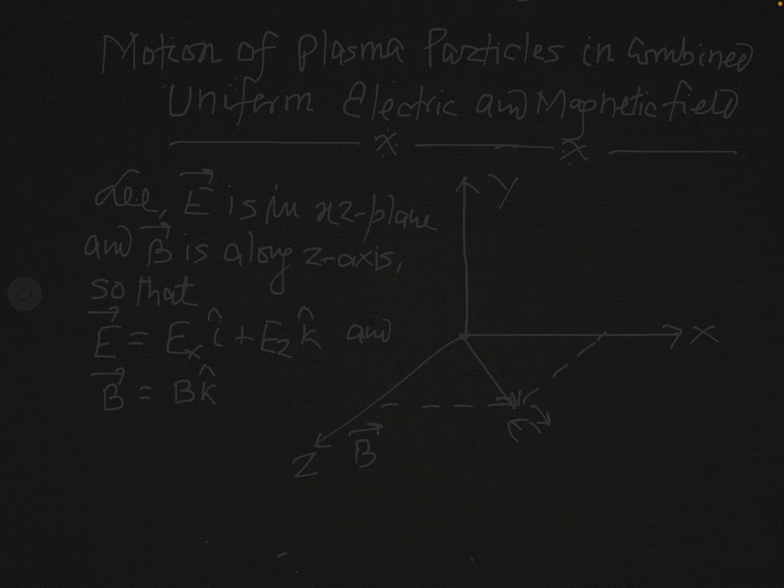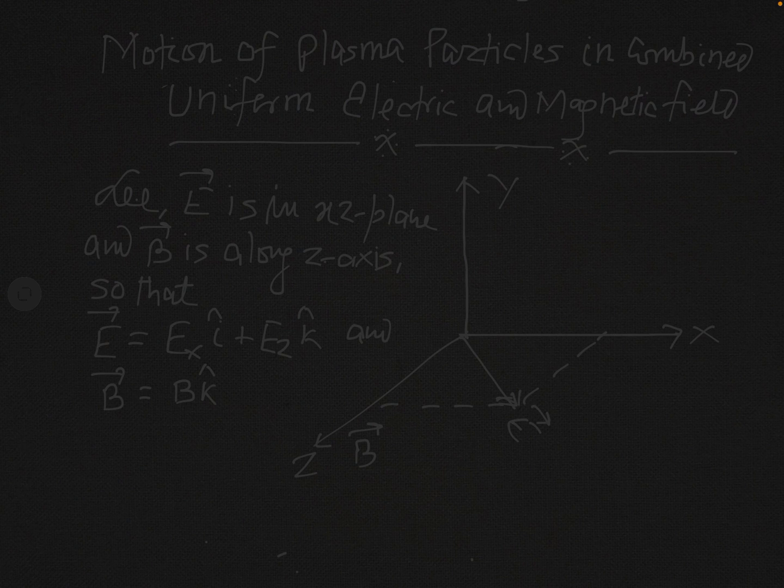So this is the difference. When we consider no electric field, the guiding center is fixed, but if along with the uniform magnetic field an electric field is also present, then there will be a drift of the guiding center. In this lecture we are going to discuss such a situation, when there is a drift of the guiding center due to the presence of the uniform electric field along with the uniform magnetic field.